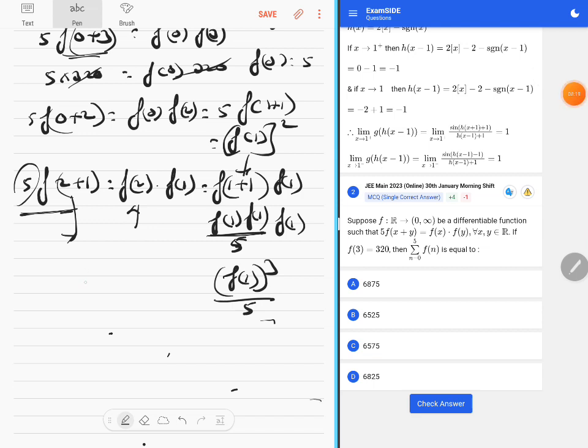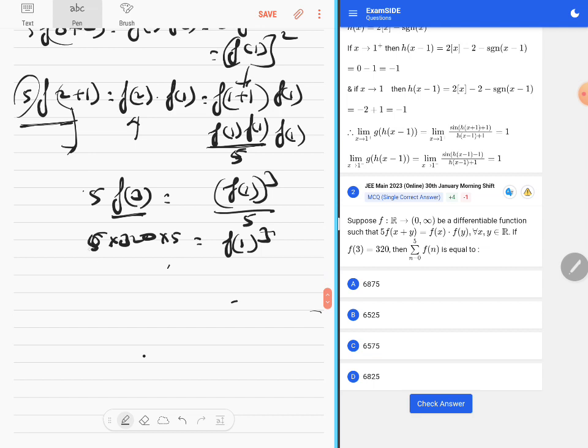This itself is actually 5 times f of 3, and f of 3 is 320. So 5 into 320 into 5 is equal to f of 1 the whole cube. 5 5s are 25, 25 into 320 is 8000, which is f of 1 the whole cube. Therefore f of 1 itself is 20.